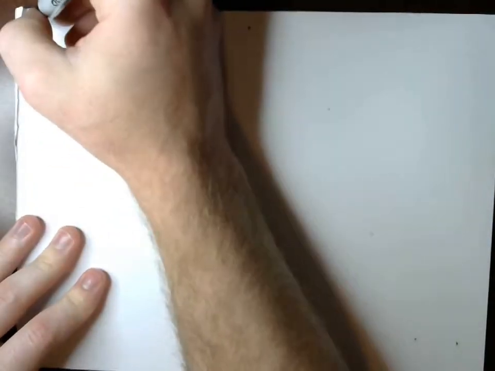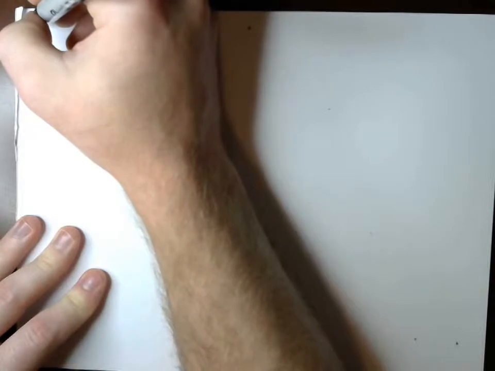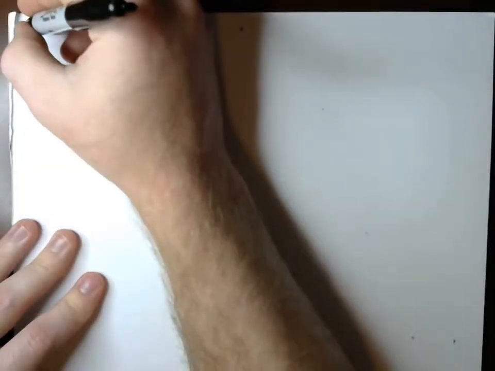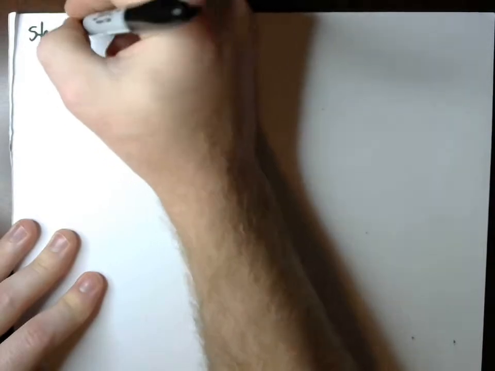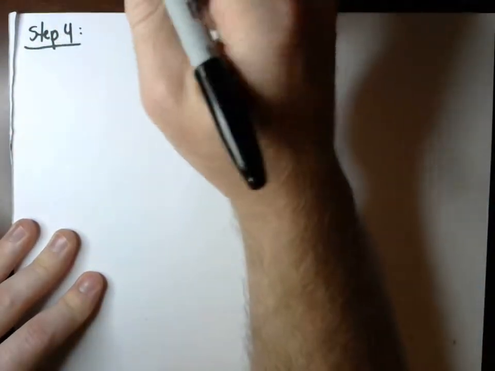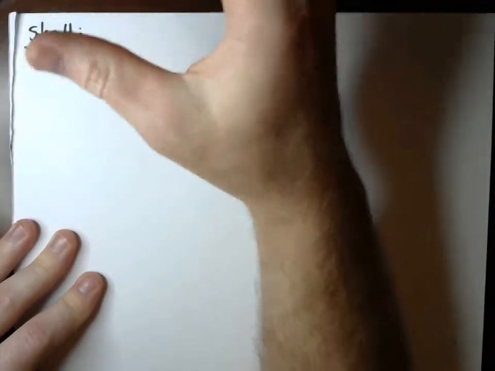I'm running out of room, so I'm going to write it over here. We're done with step 3. Step 3 is just calculate the test statistic and the critical value. We did that. Step 4 is to compare. This is step 3 and step 4 of the classical approach.